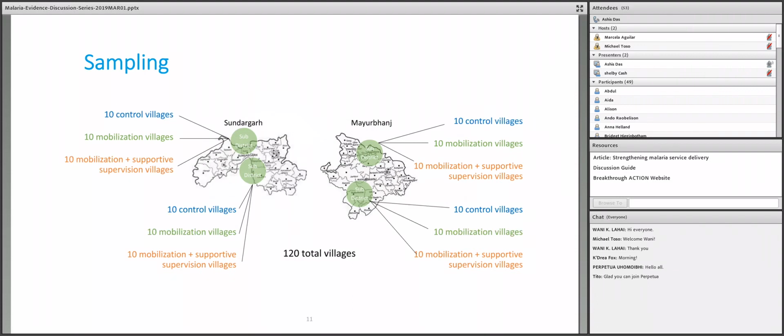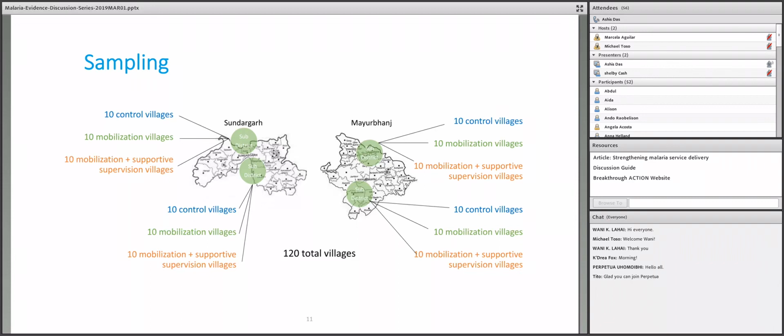Within each sub-district, we divided the villages into 3 categories. First one was the control villages, where business as usual run by the government programs was going on. The second arm of this intervention, where we randomly selected 10 villages to introduce intensified community mobilization activities.